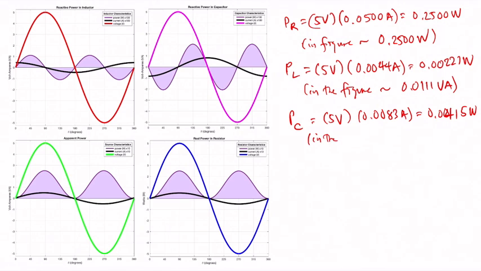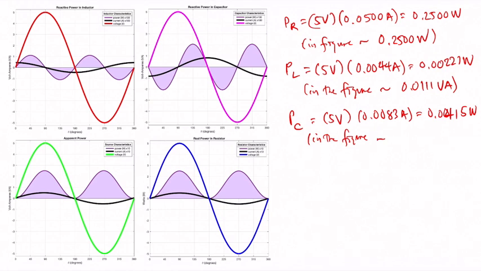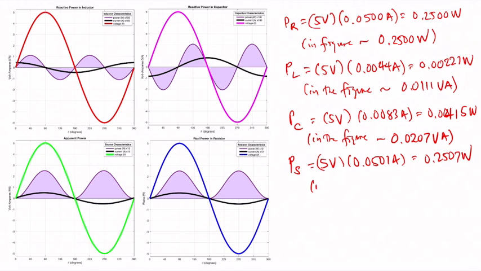In the figure we have 0.0207 volt amperes, and for the source this is equal to 5 volts times the current of 0.0501 amperes, which gives us 0.2507 watts, and in the figure it's just 0.2500 watts. Okay.